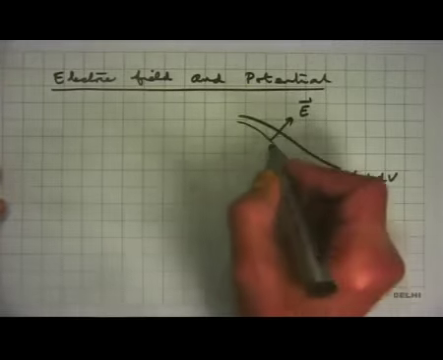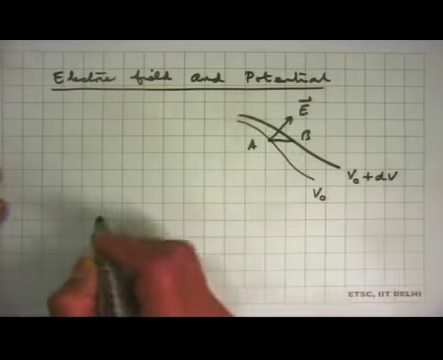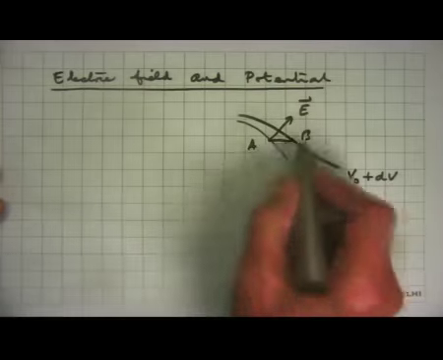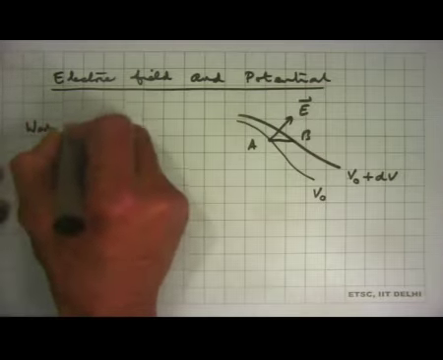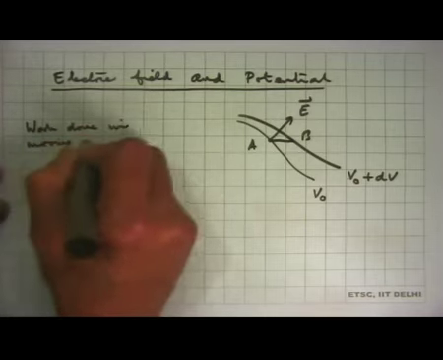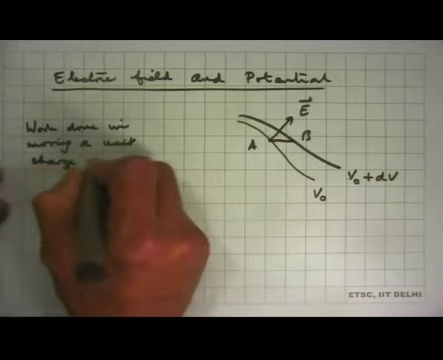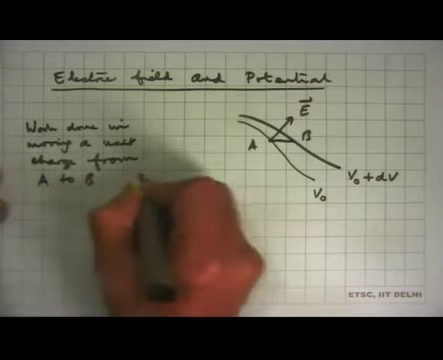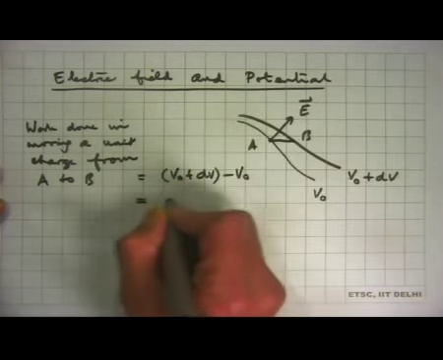Now, what I do is I move from a point A on this equipotential to another point B on the nearby equipotential. So, when I move in this direction from this equipotential to this equipotential, I need to do some work. So, work done in moving a unit charge from A to B is equal to V naught plus dV minus V naught, which is equal to dV.